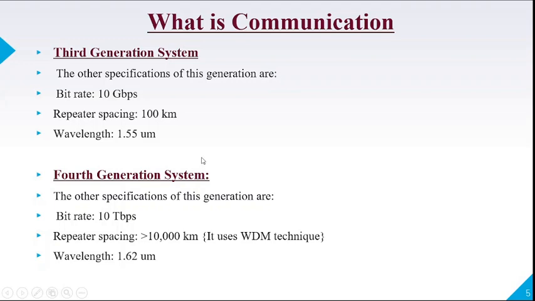In the fourth generation system, the bit rate is 10 terabit per second, much higher than the third generation system. Repeater spacing is 10,000 kilometer, meaning after 10,000 kilometer we require a repeater. Here the wavelength division multiplexing technique is used, and the wavelength is 1.62 micrometer.